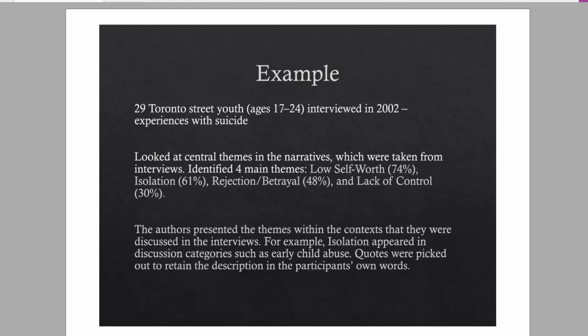For example, they looked at how often isolation appeared in discussion categories such as early childhood abuse, and gave quotes to give weight to that argument and to give evidence of what the person said in their own words.